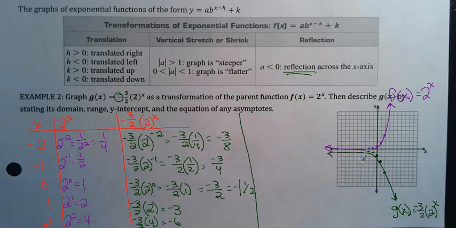We also had a 2x. Our 2 was our a value, so it was steeper than our fraction. Because it's the absolute value of a, so 3/2, it was a little bit flatter.